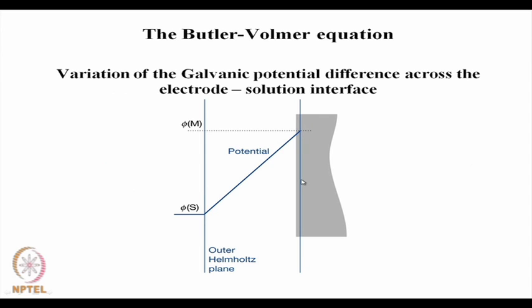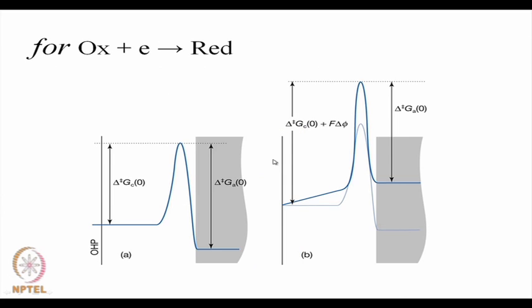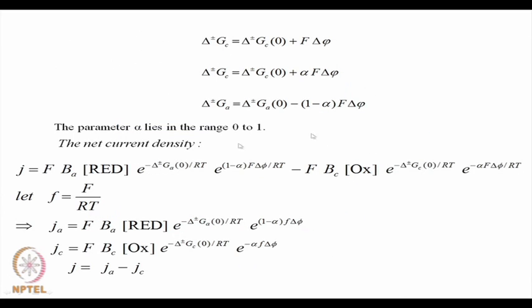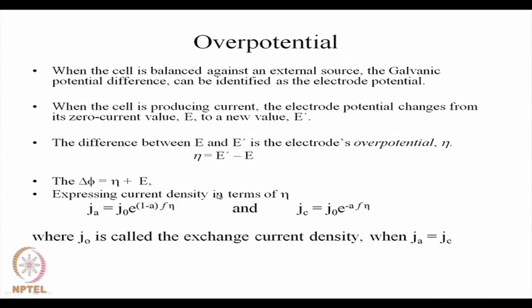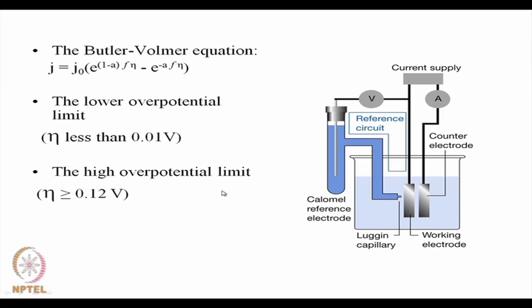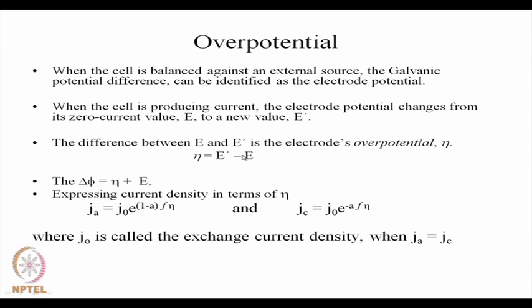Okay. Then we got this Butler-Volmer equation, which is based on this calculation, and this Butler-Volmer equation relates your net current density with overpotential, where F is a constant. Okay. So, this we expressed in terms of overpotential.